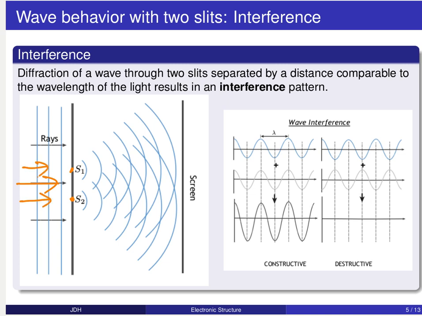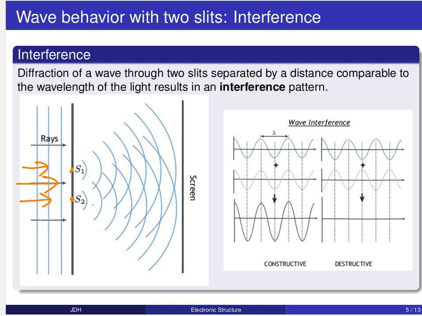So here's the interesting part. Because we now have two wavefronts, after we've gone through this barrier with the two slits, this double slit setup, we are going to have the opportunity for these waves to interact with one another. There are effectively two types of interactions that we really care about here.